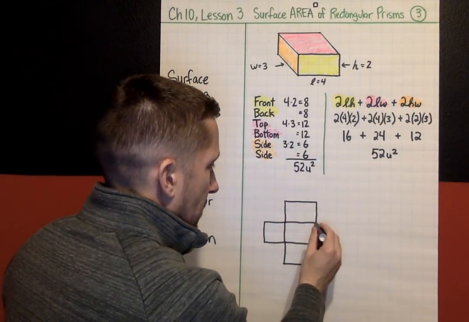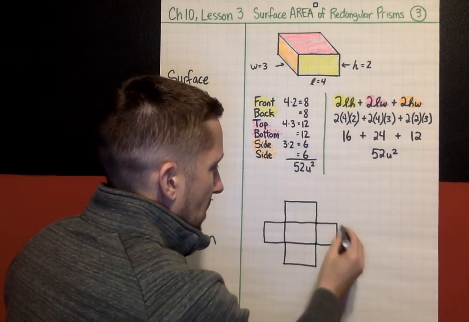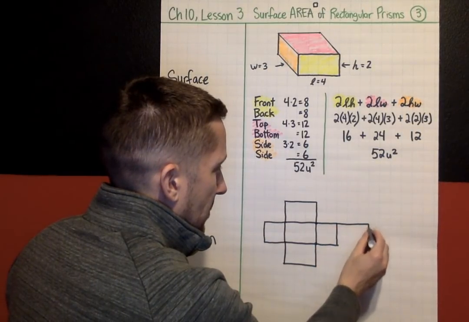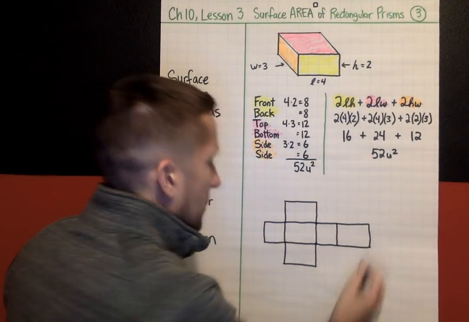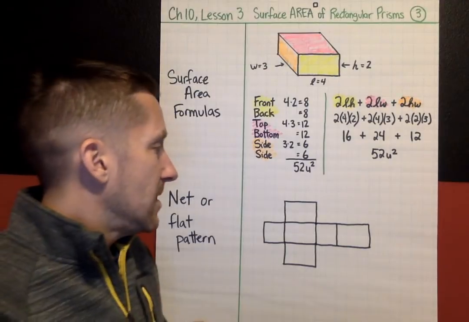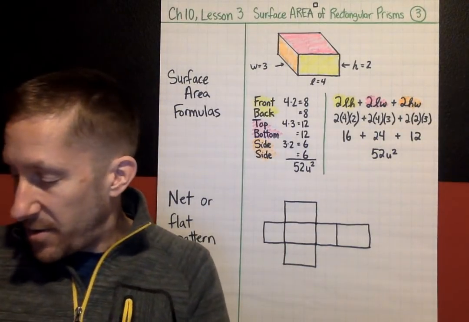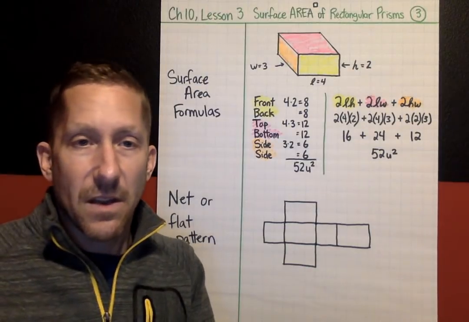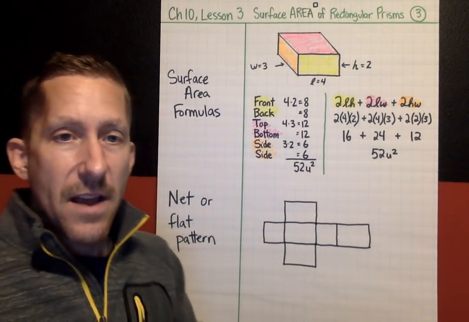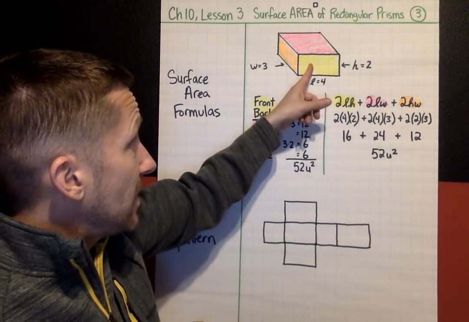Over here I'm going to make a 2x2 and then another 3x2. So it looks like that. This is a net. If I were to cut this out just by folding, I could make it into a 3D closed figure.